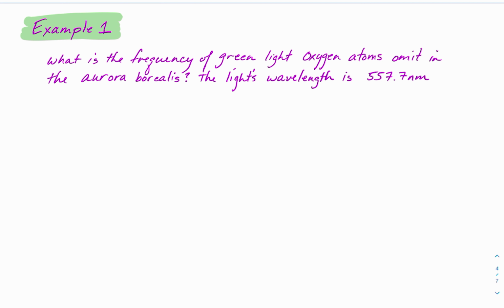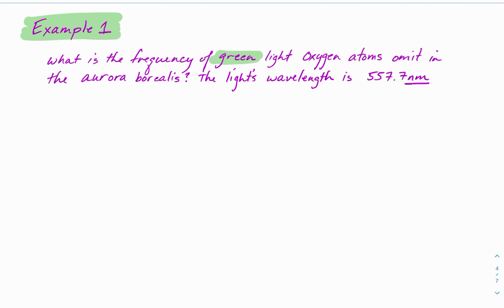It says the light's wavelength is 557.7 nanometers. I want to point out to you guys that visible light, and we know it's visible because we use the word green, so we can actually physically see it with our eyes, is a lot of times written in the units of nanometers rather than just meters.